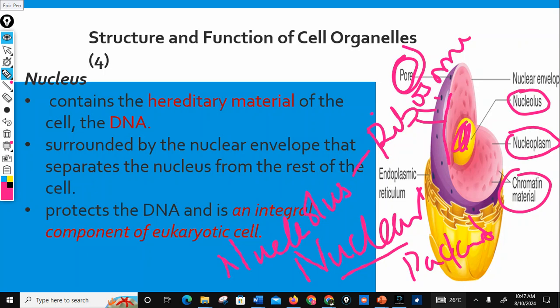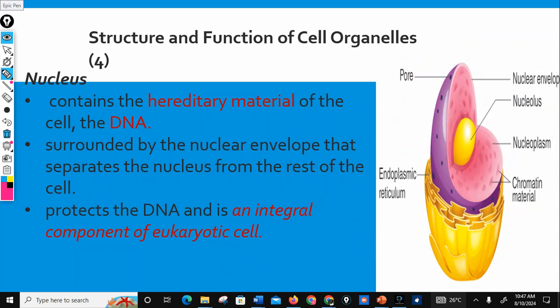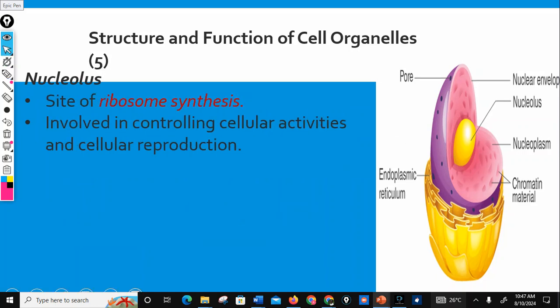All right. So let's view the other organelles. We also have the nucleus, which I have talked about, and it is a site for ribosome synthesis. It produces ribosomes, and is involved in controlling cellular activities and cellular reproduction.